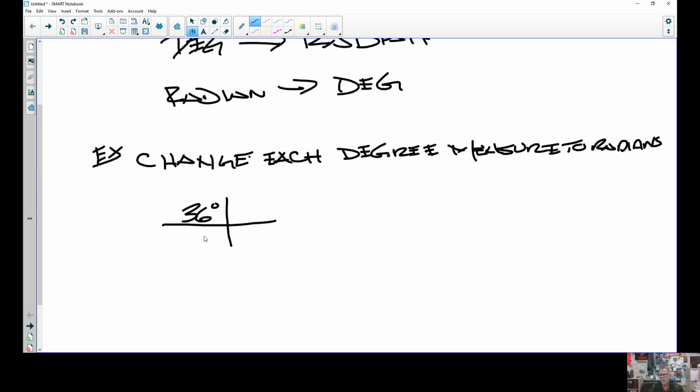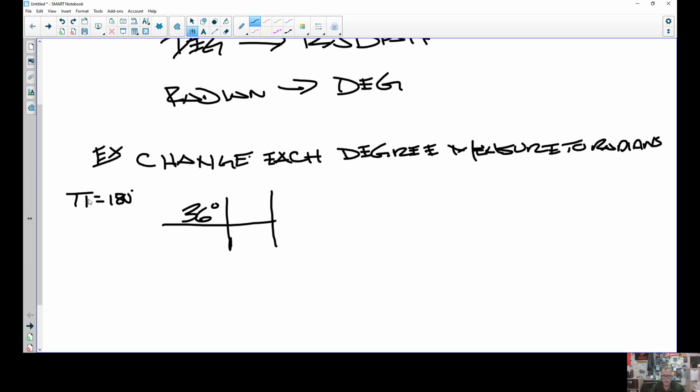Well, the easiest one to deal with is we know pi is equal to 180 degrees. So just like in dimensional analysis, I drew this little grid because you probably saw this either in your earlier math class or most likely your science classes, where your first time you had to do some changing of measures. We know that our conversion factor is pi is equal to 180 degrees.